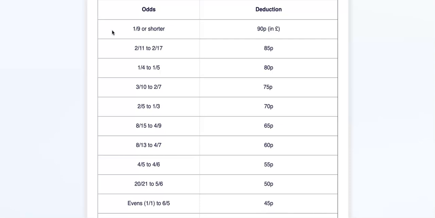And therefore, on the flip side, the bigger the price of the withdrawn horse, the smaller the Rule 4 deduction is. And we can show you that now on this chart here. So obviously, as the prices on the left hand side get bigger, the deduction gets smaller.